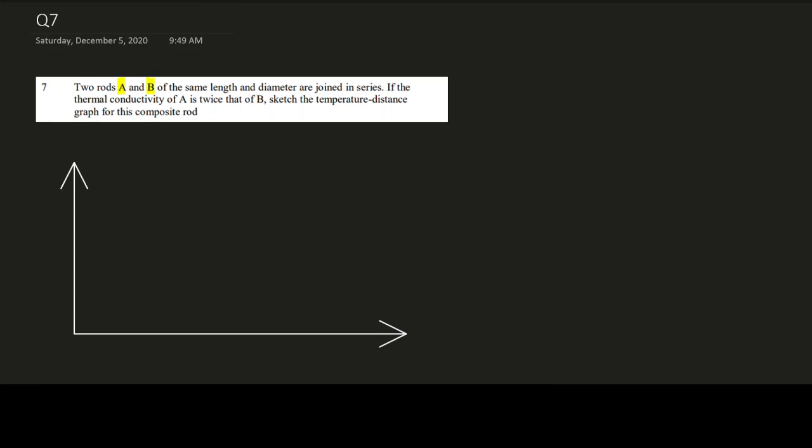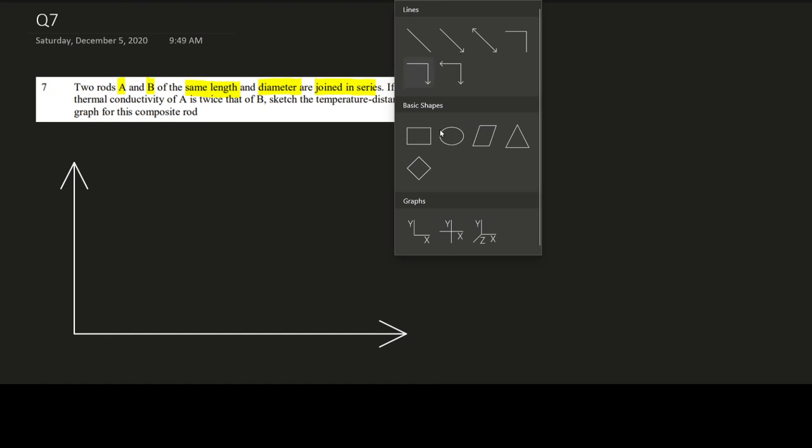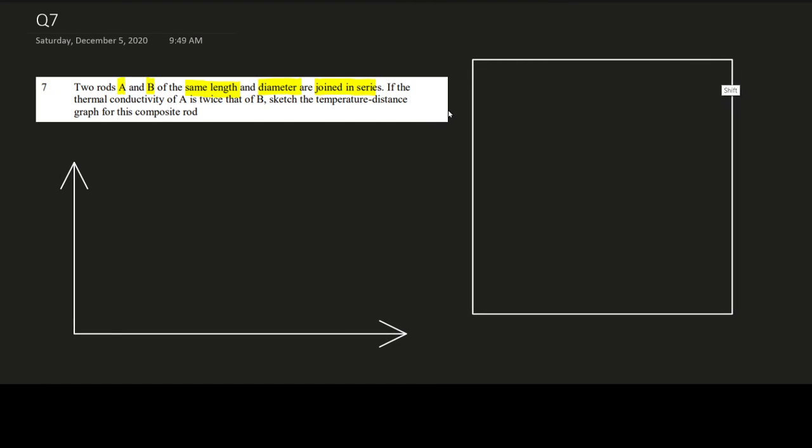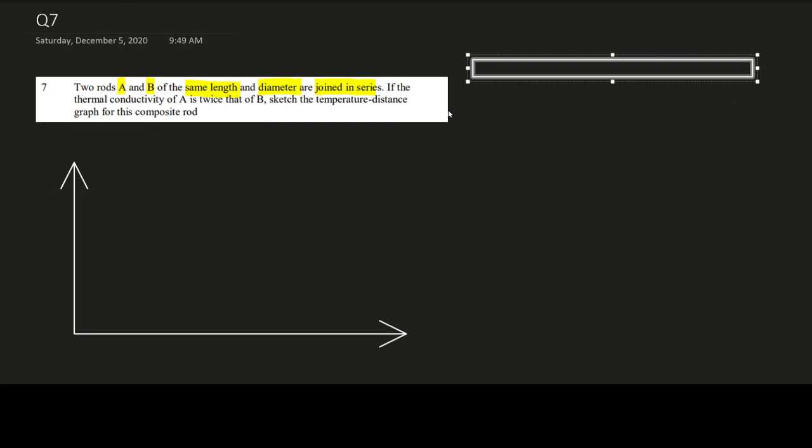These two rods have the same length and diameter and are joined in series. So if you hear the words joined in series, you should be able to imagine that the rod looks something like this.